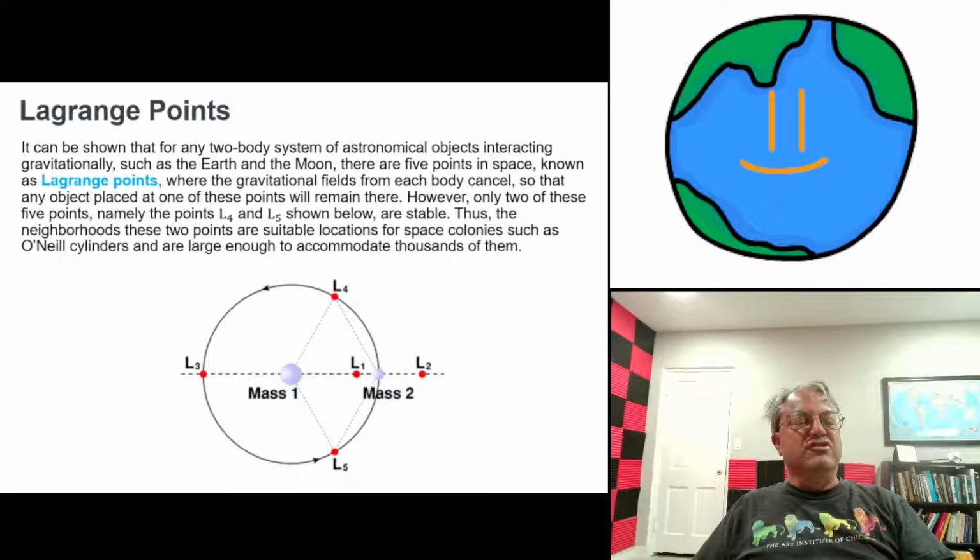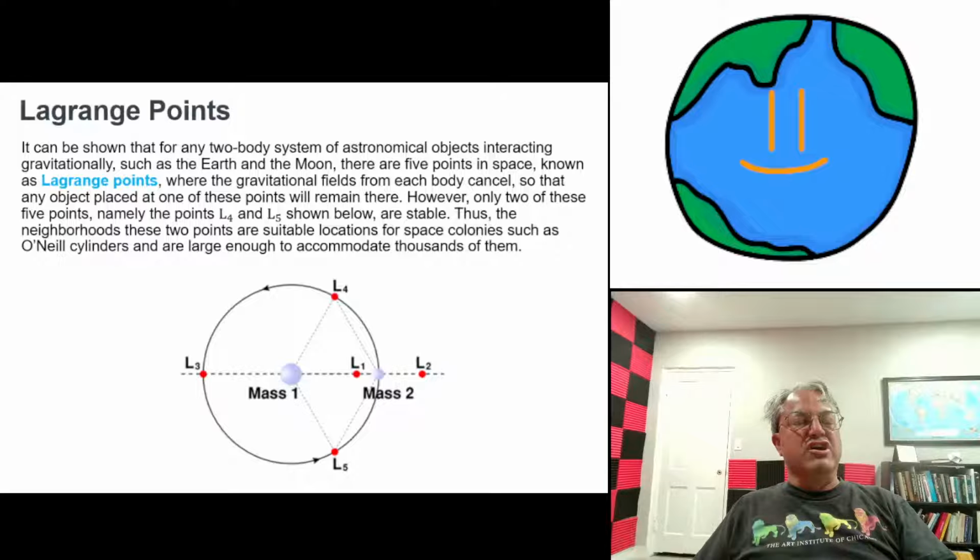In case you don't know, for any two massive bodies like the Earth and the Moon, I guess those are the ones we care about here, there are 5 points known as Lagrange points. These are the 5 points where the gravity of the Earth and the Moon would cancel.